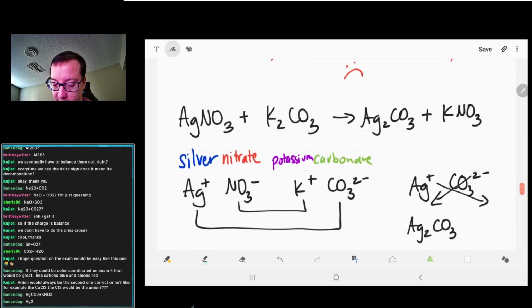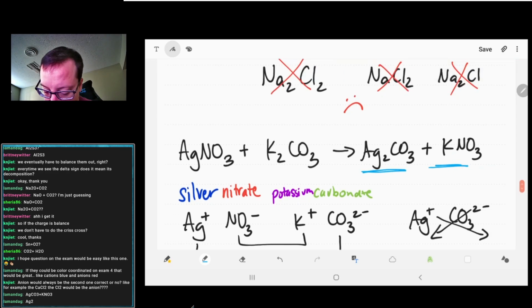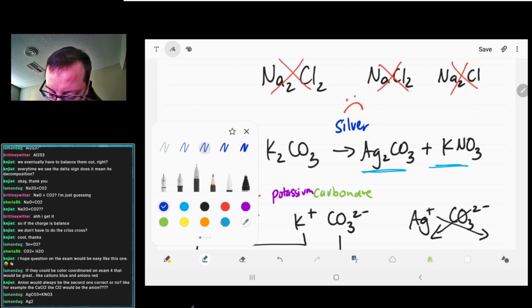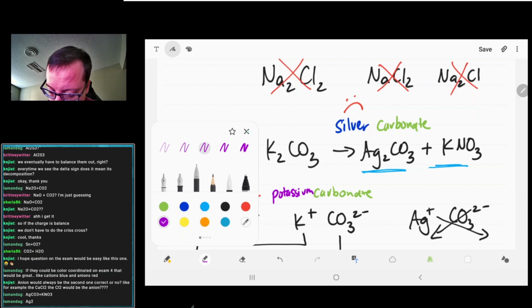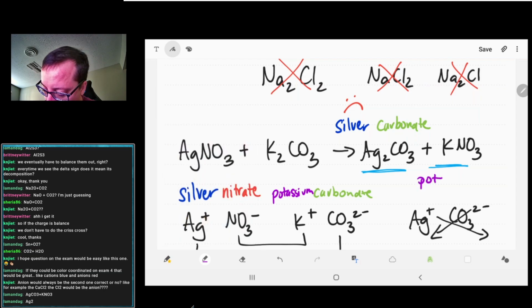So we would predict our products to be silver carbonate and potassium nitrate. So notice the names also just swap. So we make silver carbonate and potassium nitrate. Oh, I forgot all my fun colors.